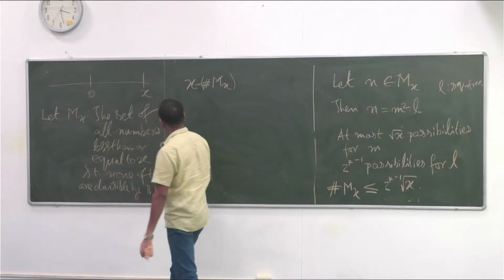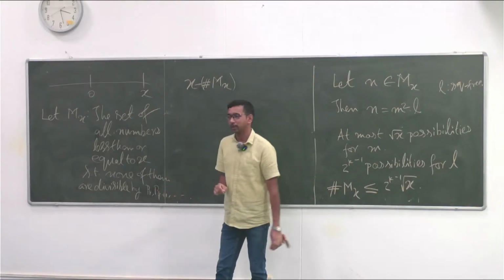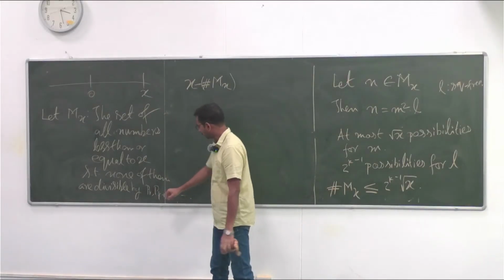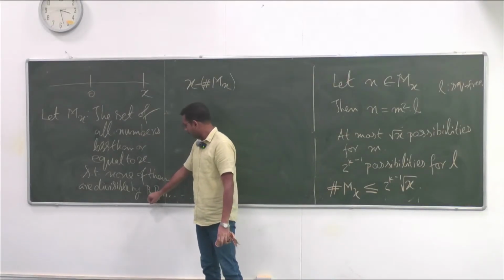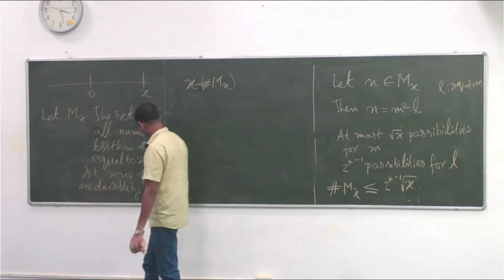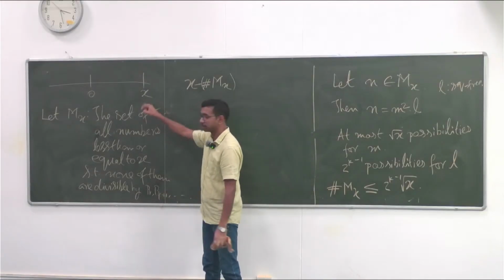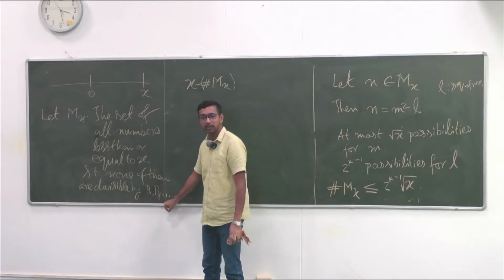That means we are counting the numbers which are divisible by at least one of the higher primes, right? So for example, take pk. How many multiples of pk could be in this interval? At most x by pk. How many multiples of pk plus 1? At most x by pk plus 1.